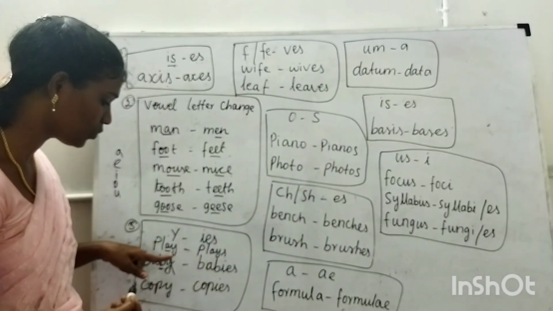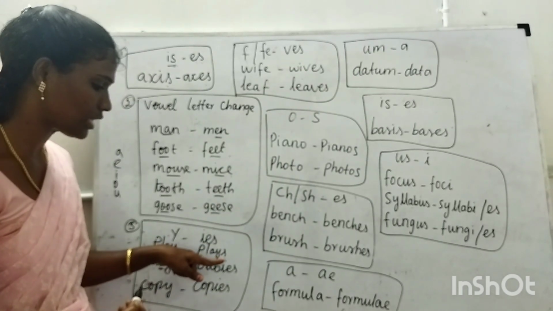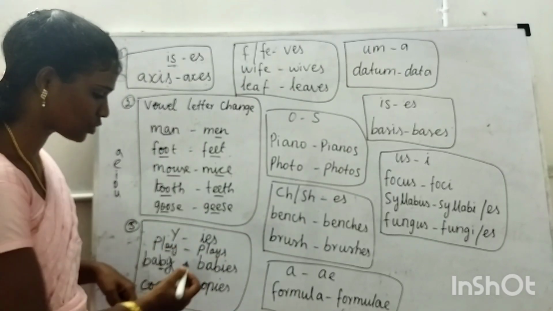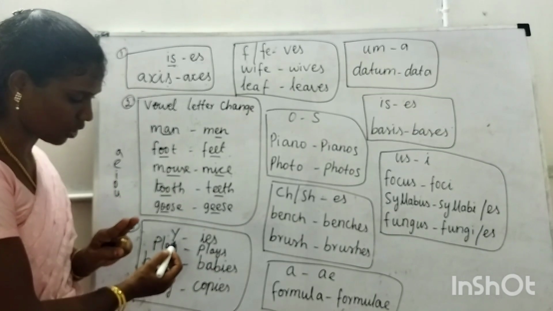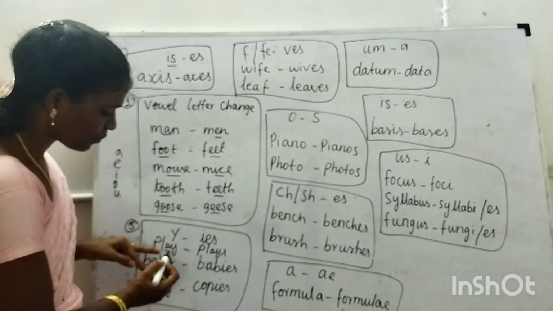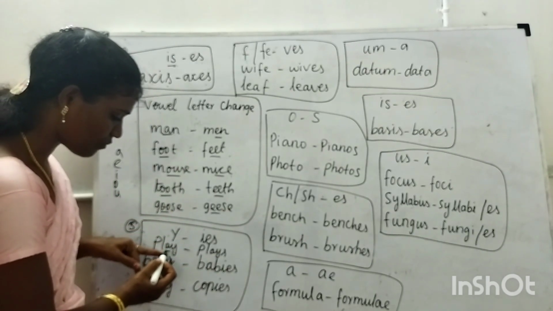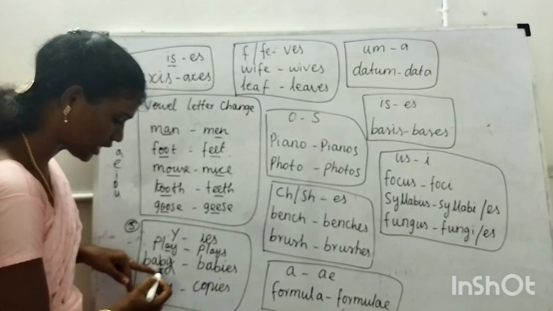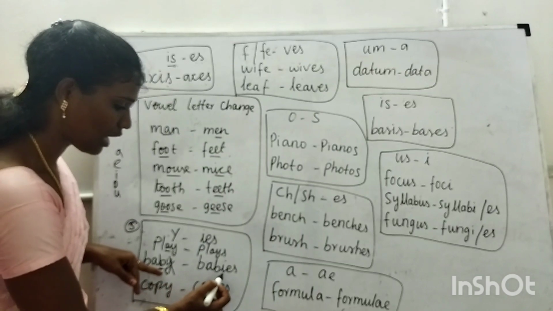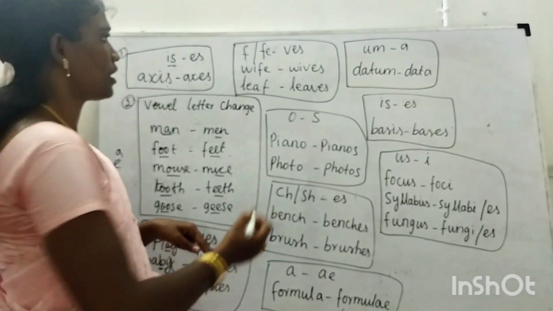No need to remove this y; instead, you can add the letter s. So only the letter is y, but two types of plural forms are there. If the y is preceded by a vowel, add only s. If the y is preceded by a consonant letter, remove this y and add ies.